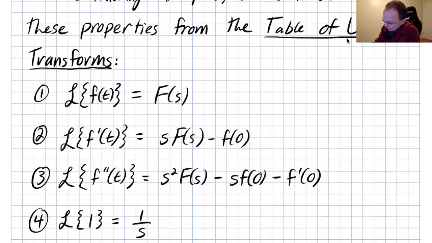It says that if you take the Laplace transform of the derivative of f of t, then this is equal to s times the Laplace transform of the function f, minus the value of f at 0.